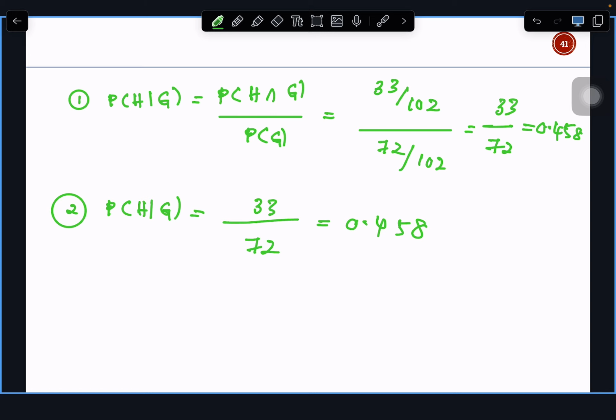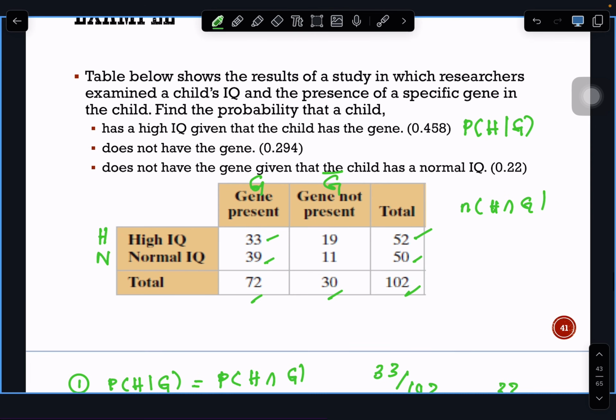Okay? Second question, does not have the gene. How do we get this one? Is this a conditional probability or not? No, because we don't have the word given.